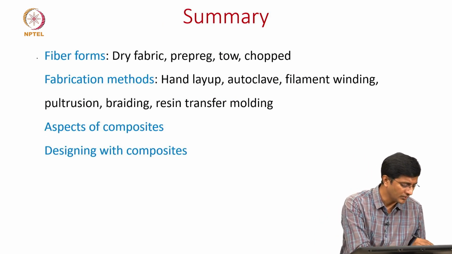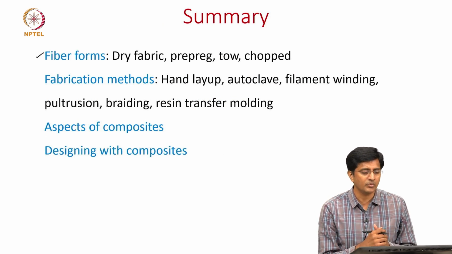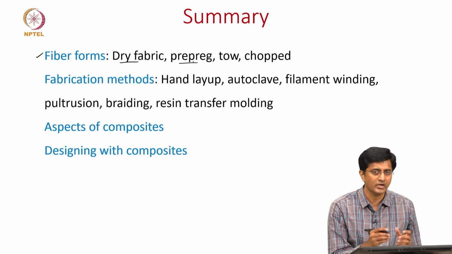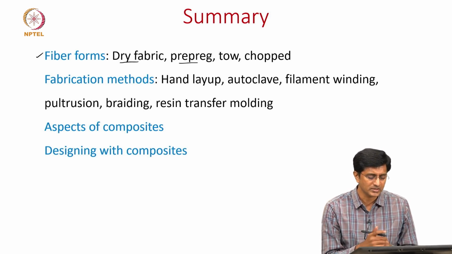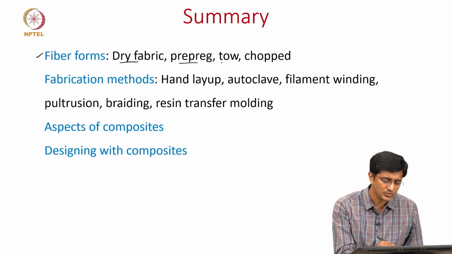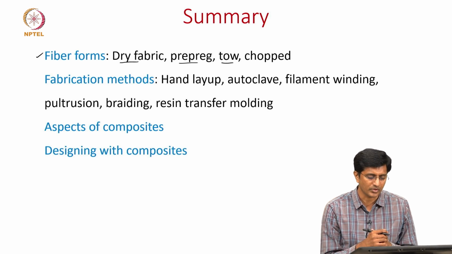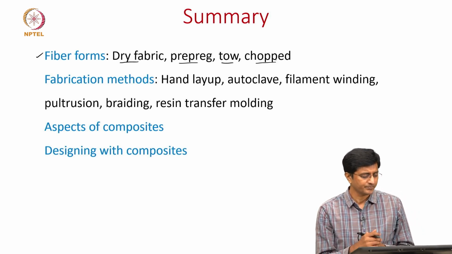First, we started with the fiber forms, saying that these are available either as dry fabrics, as prepregs, where we have both the fibers as well as the partially cured matrix, or as a spool in terms of tow, which is a bundle of fibers, or we can also have chopped fibers.